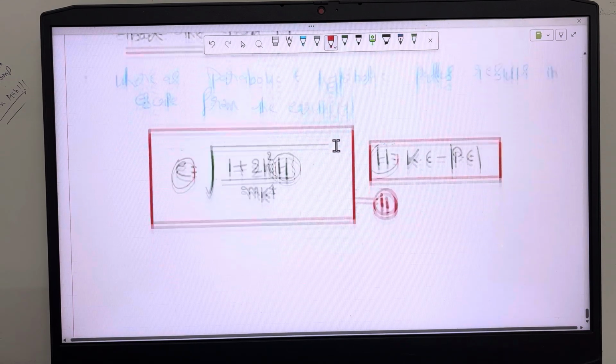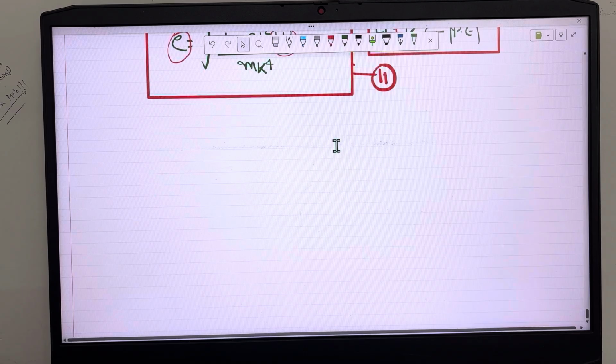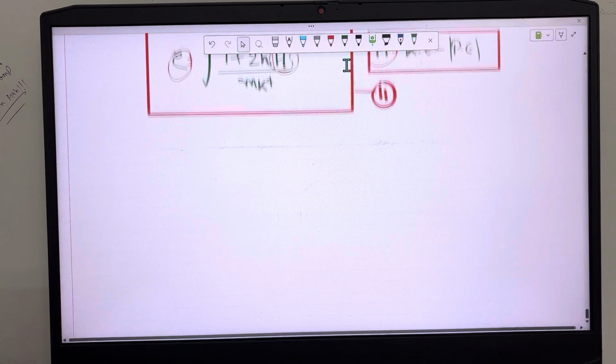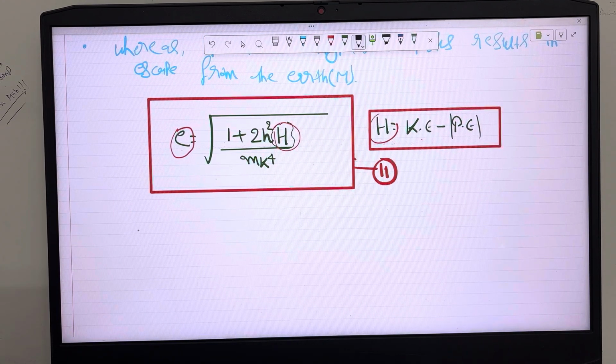Now see what happens to h. Let me write this. See, this k square is nothing but your GM, gravitational constant and mass of the earth. If it is k to the power 4, we have to write GM to the whole square. Okay, fine.